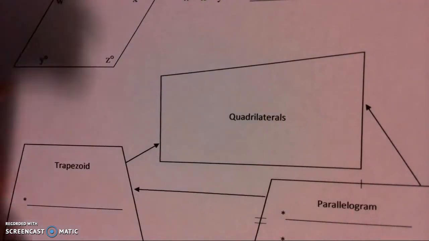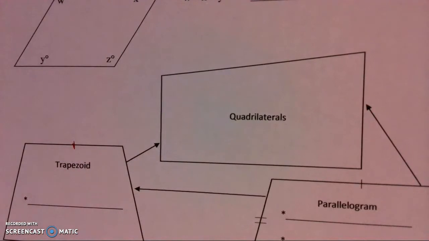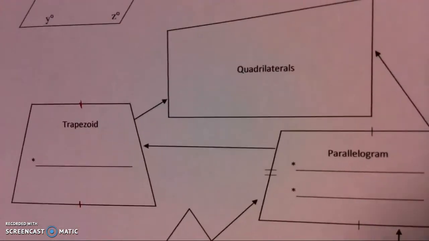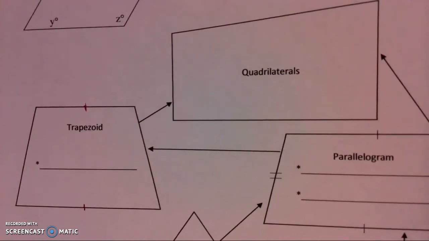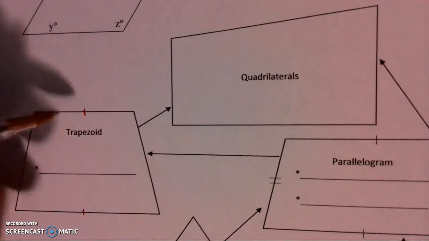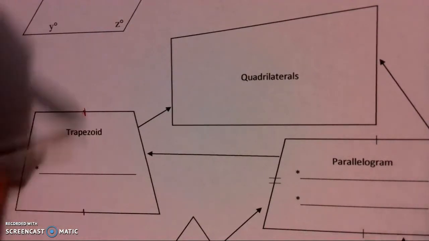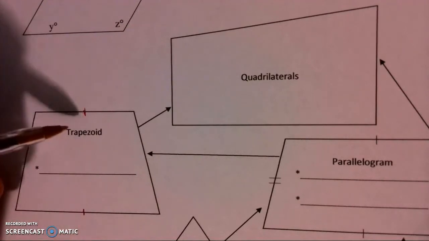But now let's look at what happens if, when I look at that quadrilateral, I have a pair of parallel lines. So my first quadrilateral that I want to look at is a trapezoid. And notice in the trapezoid, and on your notes you have the tally marks. That tells you that those sides are parallel.